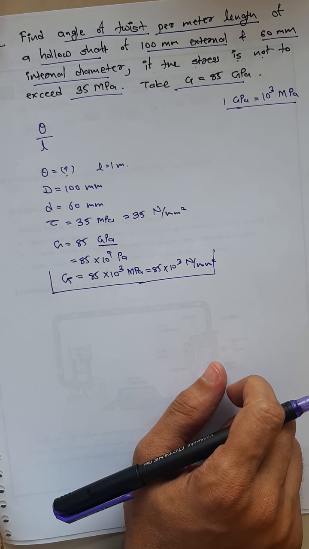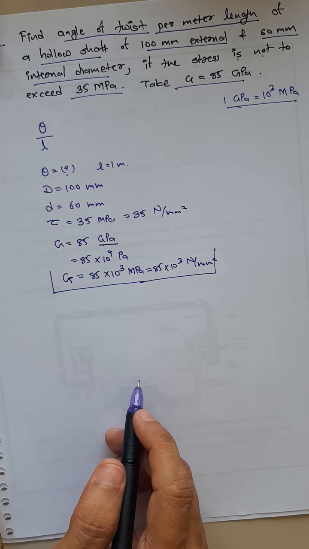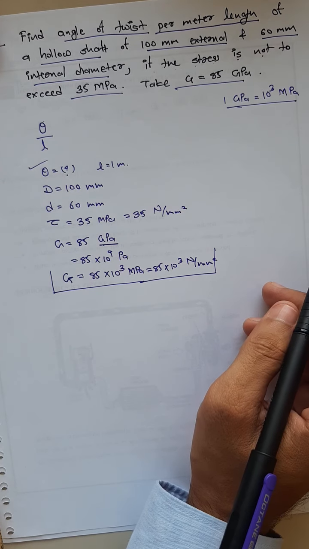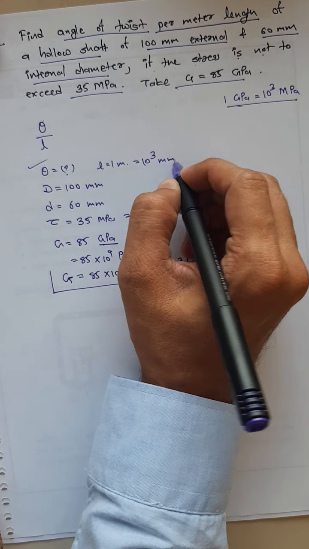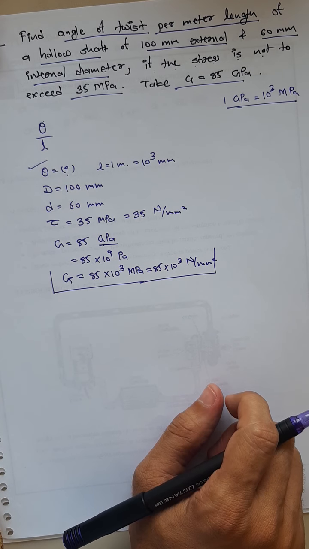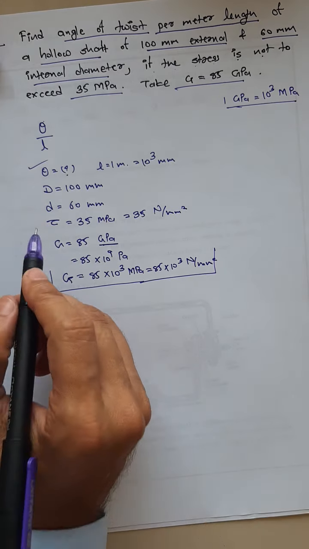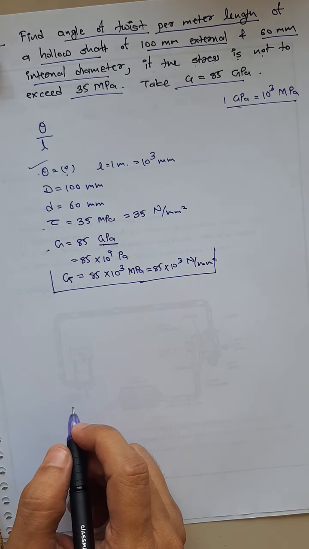Okay, and you have to find theta. Suppose we take this case, theta we have to find per meter length, so length is given as 10 raised to 3 mm. Now think of the relation between tau, G, theta and this torsion equation.